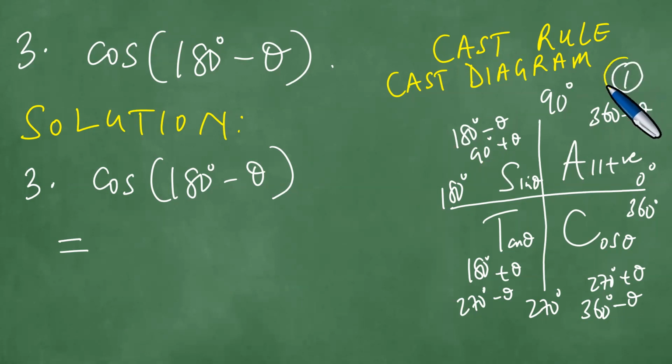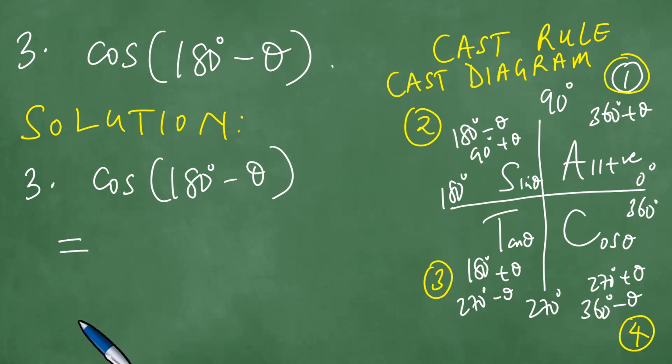This one is the first quadrant, this the second, the third, and this one is the fourth. So 180 minus theta is in the second quadrant, in which only the sine is positive, so the cosine is negative.